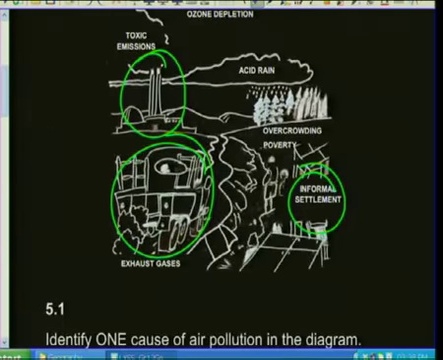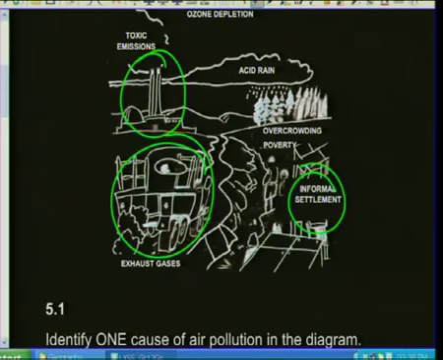So what we've got is pollution having an effect on the environment. You can see definitely here we've got some acid rain. Now acid rain, if you recall, comes from the fact that we've got our industries and our vehicles giving off combustion into the atmosphere. Those particles go into the water, into the clouds, and contaminate the water.